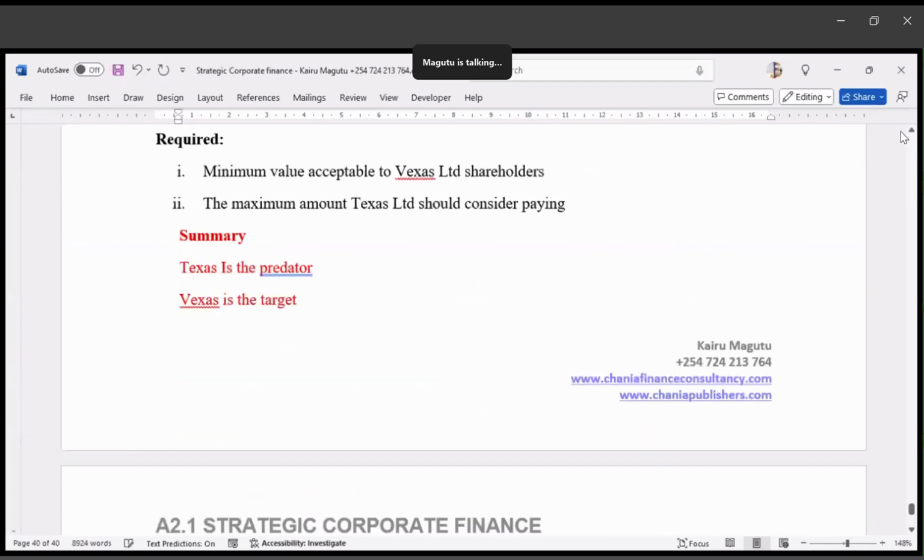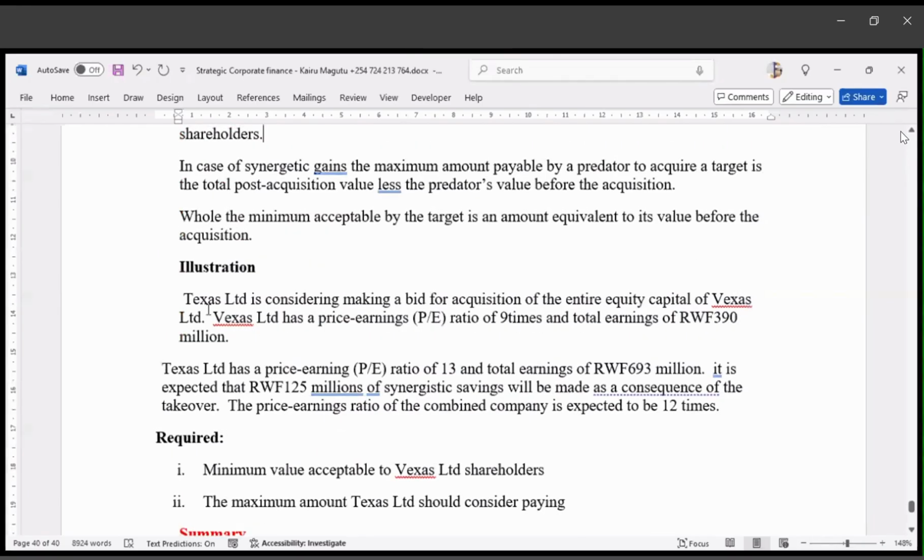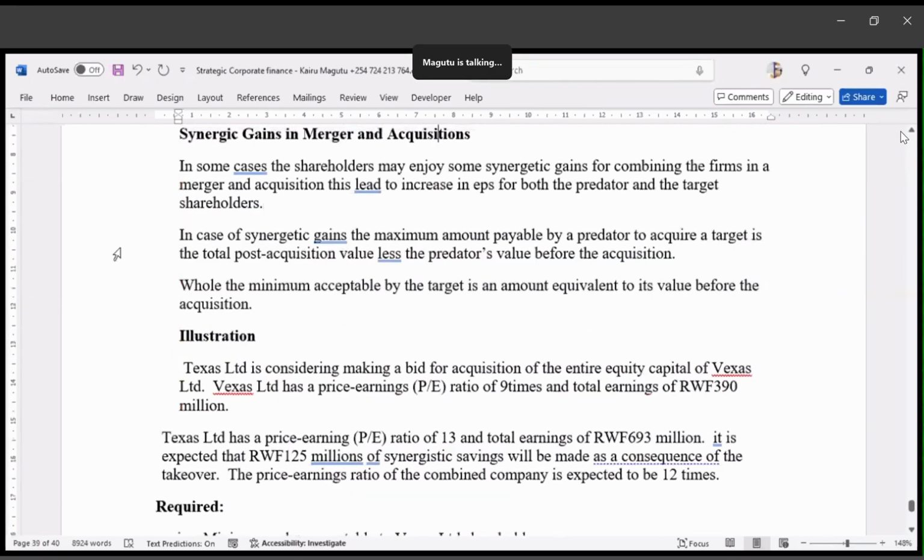This is the point that I explained here. In case of synergetic gain, the maximum amount payable by the predator to acquire the target is the total post-acquisition value less the predator's value before the acquisition, while the minimum acceptable by the target is the amount equivalent to its value before the acquisition.